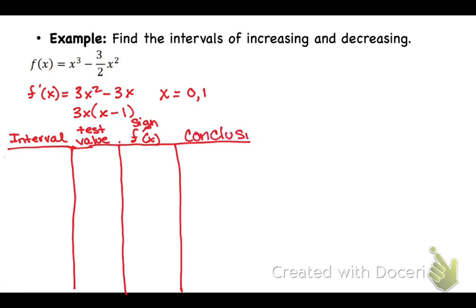How's that different from the sign column? The sign is going to be positive or negative, and our decision comes from that. I typically don't write conclusion, I write decision, because what is this telling me about the graph? Right now I'm phrasing it the way the book is phrasing it.